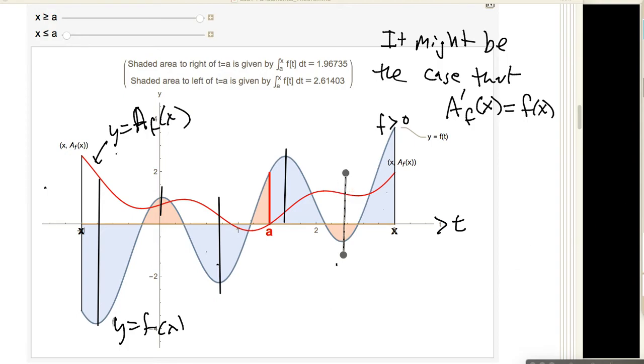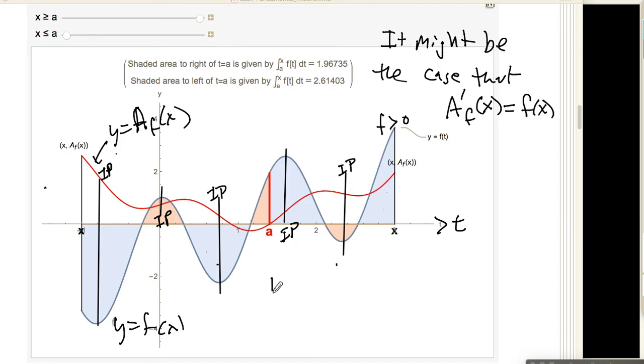So let's look at the red graph. Here's the extreme point on f, and up here it looks like we're pretty close to an inflection point, because this appears to be concave down, and this is clearly concave up. Here we're getting another inflection point. The red graph is going from concave up to concave down. We get another inflection point here, going from concave down to concave up. This is another inflection point, and this is another inflection point.